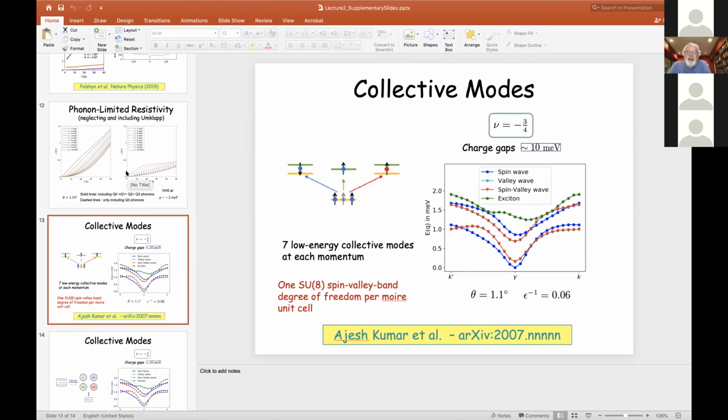This is actually a calculation for the particular case of filling factor -3, or -3/4 as it's denoted on this graph. Only one electron per, that is 3 holes per Moiré unit cell, so one valence band filled. And basically you have collective modes from transitions between that occupied flavor and all of the empty flavors.